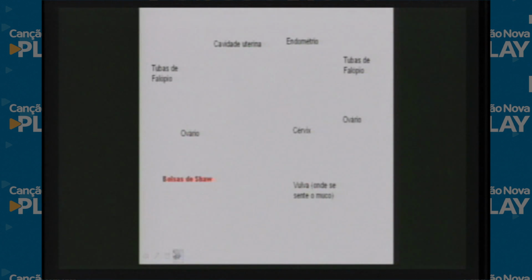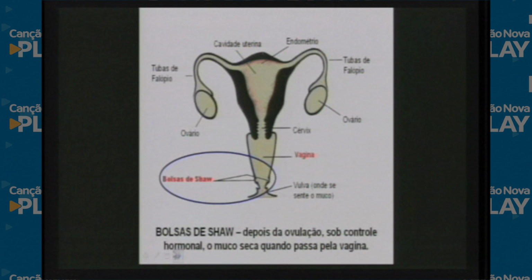And over this time, it is because of the influence of the pockets of Shaw, 2 tiny little folds or pockets just inside the vagina, which are influenced by progesterone.